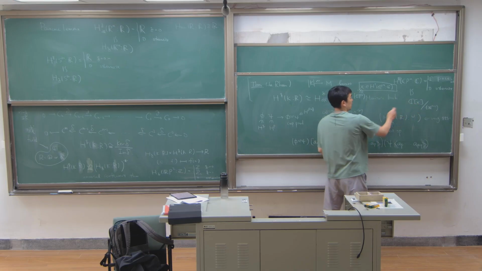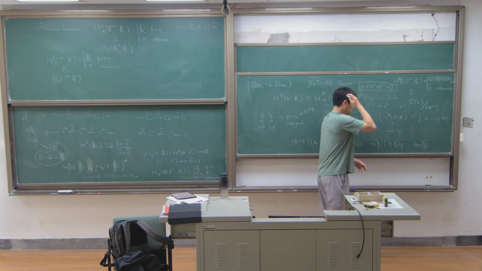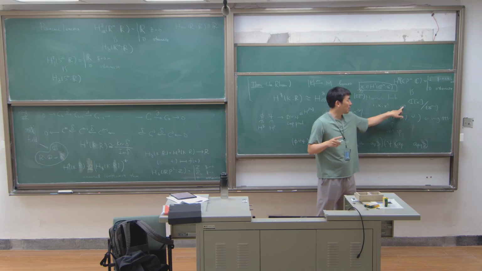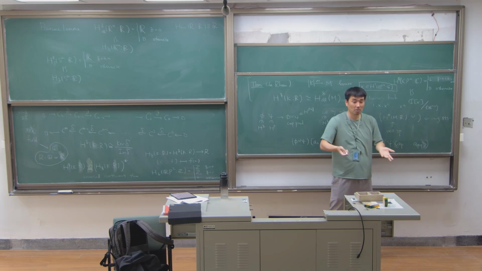So this means that it's a ring generated by 1, x, x squared, up to x^n. Those are like a polynomial with one variable, but if you multiply to x^{n+1}, this is identified to be 0.